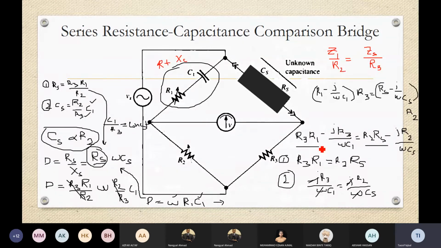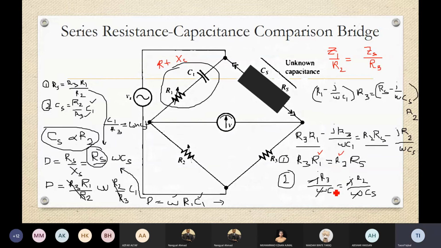So from these real and reactive portions, we can say that the real portion must be equal when the bridge is balanced, and similarly the imaginary component must be equal as well. Therefore R3 multiplied by R1 must be equal to R2 multiplied by Rs. In this case R1 as well as R2 both are variable, whereas R3 is fixed.